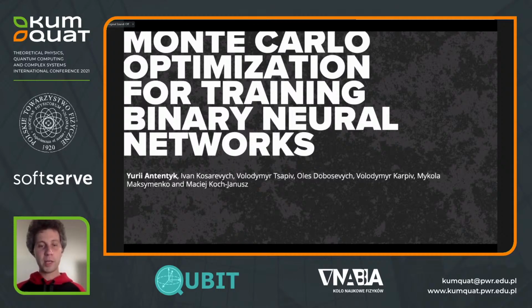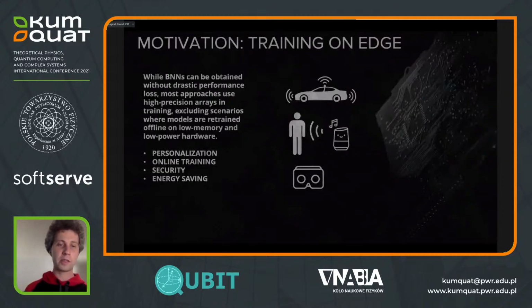And we applied it to the problem of binary neural network training. This is a very hot topic right now, particularly in the context of so-called tiny ML applications, where you want your machine learning models to be run and trained on edge devices. Imagine that you have a smart speaker at home that you want to analyze your language, but you don't want this data to be transferred to a server.